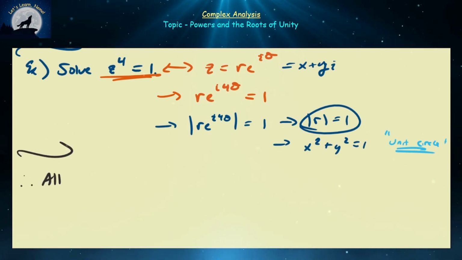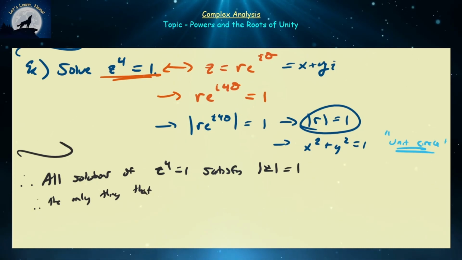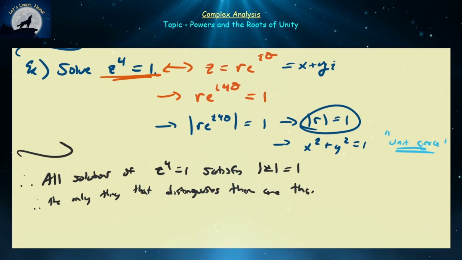So that means all solutions of z to the 4 equals 1 satisfy the norm of z is equal to 1, but there's infinitely many of them, right? So that means the only thing that distinguishes them are their arguments.